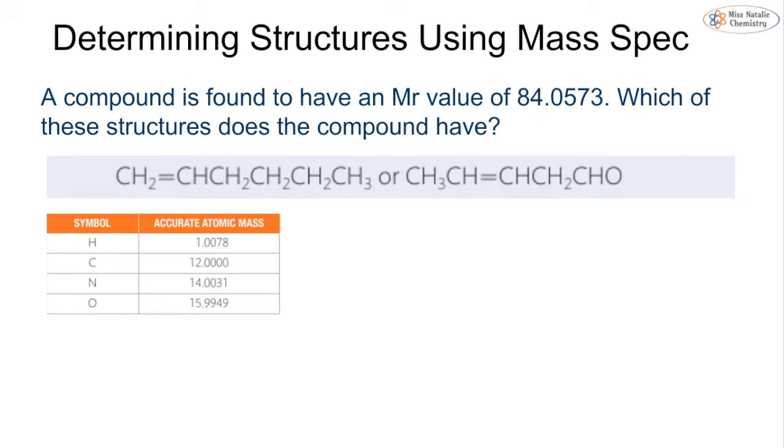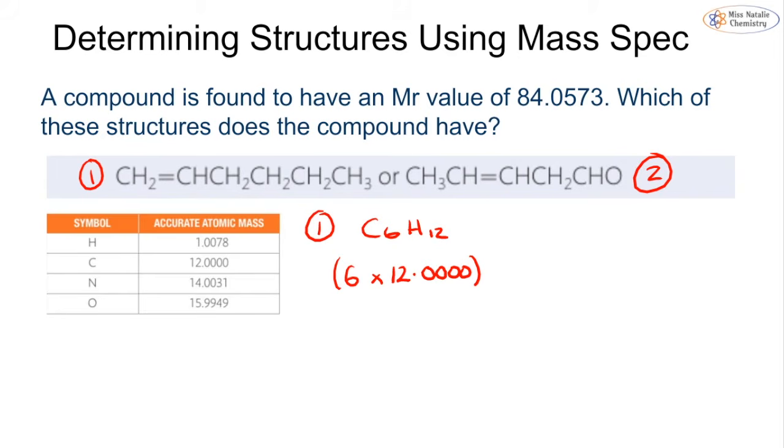So to look at an example, a compound is found to have an MR value of 84.0573. Which of these 2 structures could the compound have? Well, if we look at the first one, we can see that it is actually C6H12. So to figure out the MR, we're going to do 6 times 12.0000.